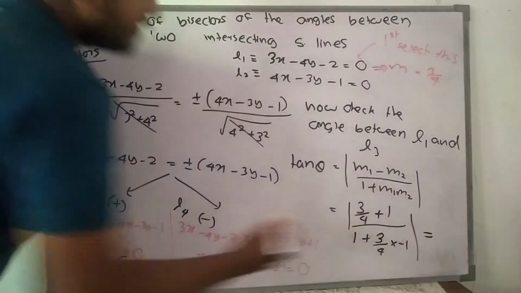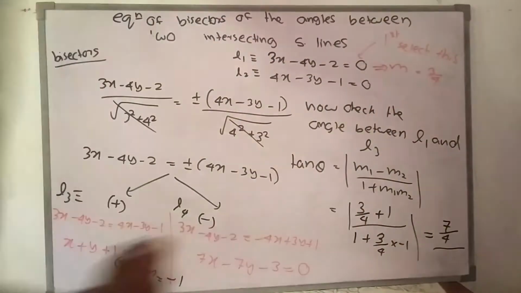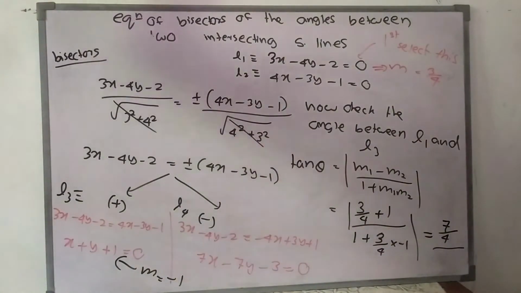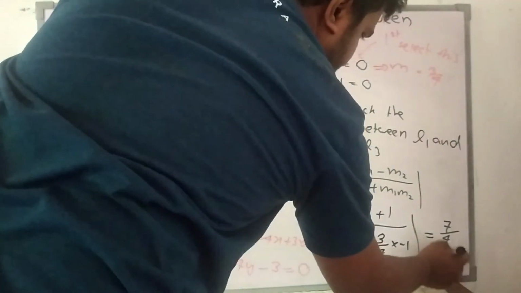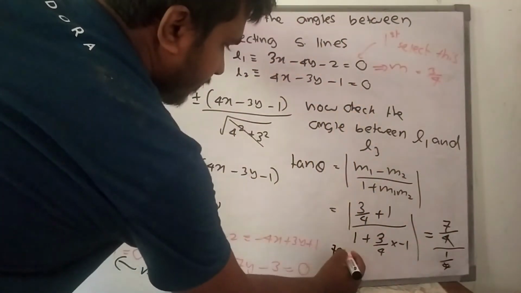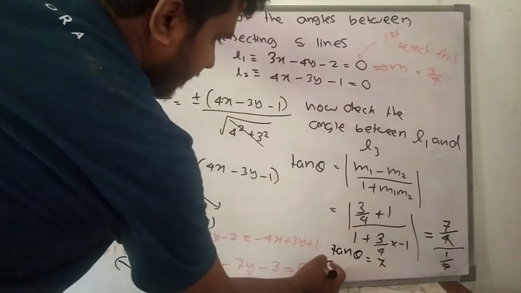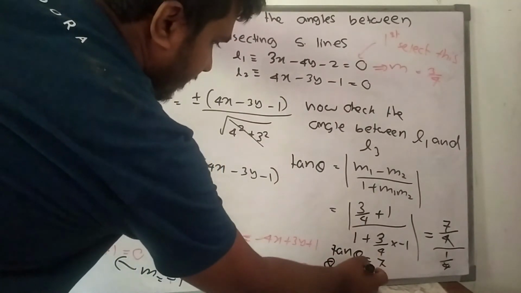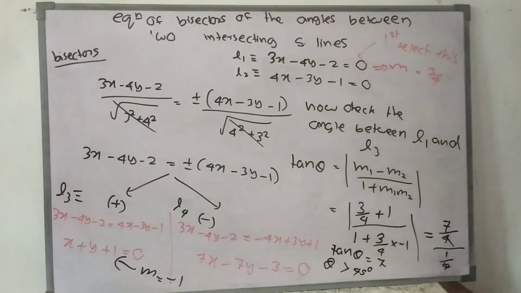So the answer will be 7/4 divided by 1/4, right? So tan theta becomes 7, which means theta is greater than 45 degrees. Tan theta equal to 1 is 45 degrees; tan theta equal to 7 means the angle is more than 45. An angle more than 45 can never be the acute bisector, so surely it's the obtuse bisector, right?